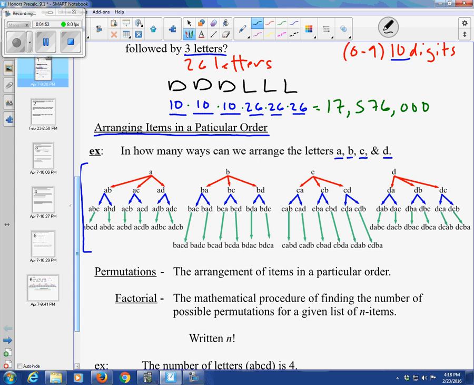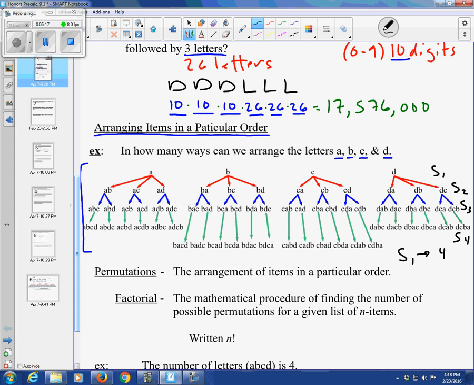So right here, what we can see is that really what we have is a 4-stage process for arranging these letters, right? The first stage, stage 1, is selecting our first letter, right? The second stage, stage 2, would be selecting the second letter, right? The third stage is going to be selecting the third letter, and finally our fourth stage, we're running out of room a little bit right here, is selecting that fourth and final letter. If we think about stage 1, you can see that there are 4 ways for stage 1 to happen.